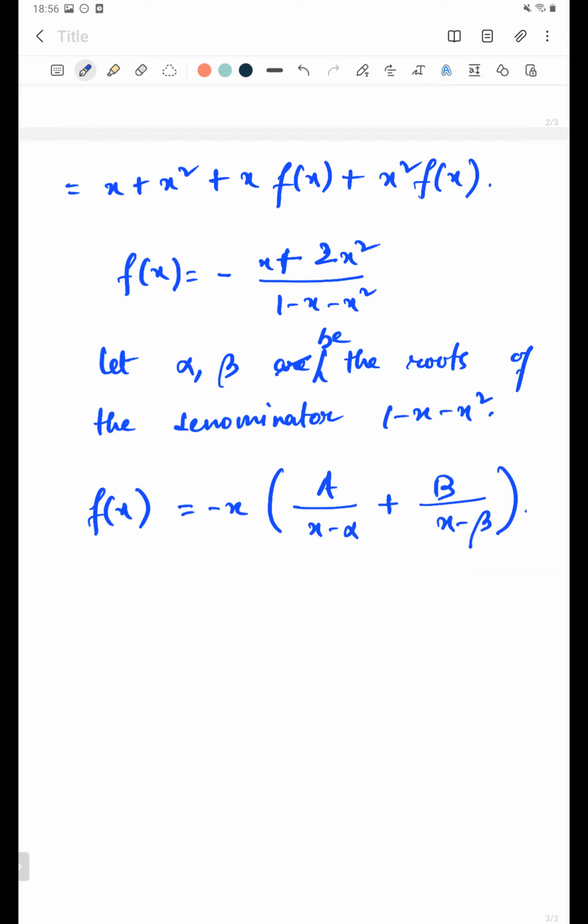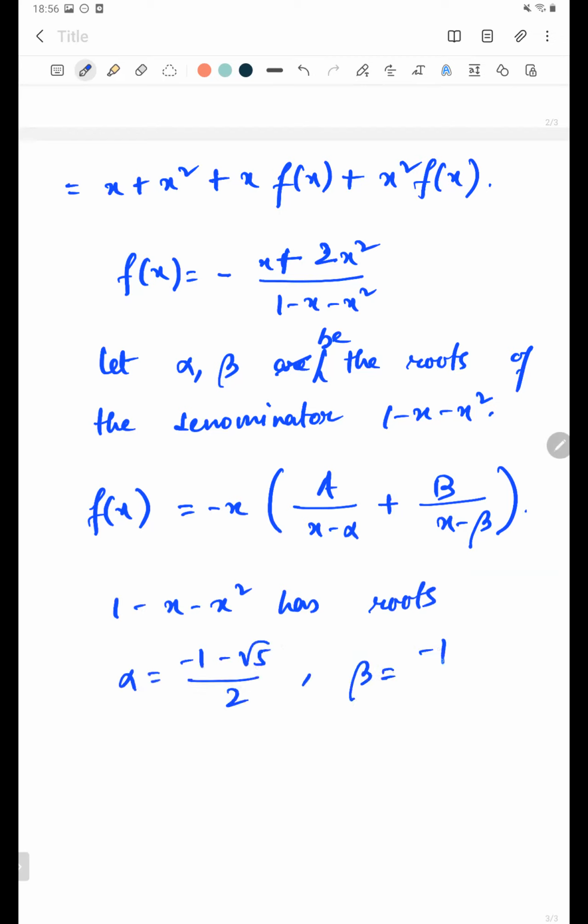Now, it is easy to say that 1 minus x minus x square has roots minus 1 minus root 5 by 2 and minus 1 plus root 5 by 2.